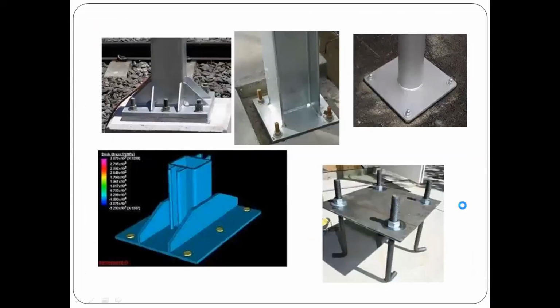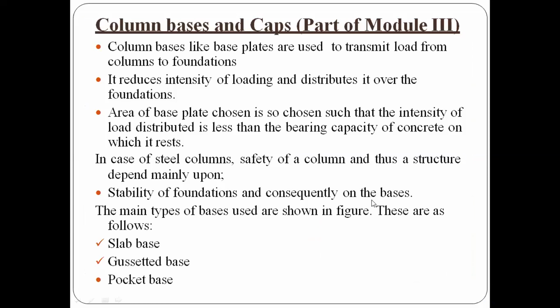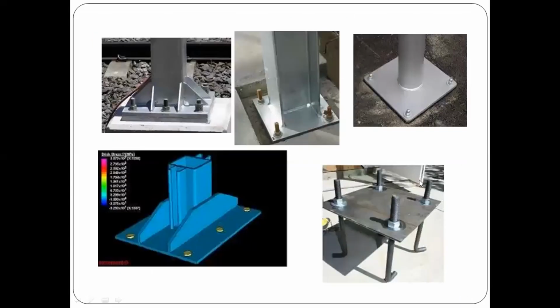Apart from designing the columns, the load is carried from columns to the base plates with the help of column bases, which are classified into two categories. One is the slab base, the other is the gusset base. Let me show you how the slab base and gusset base look. You can see this is an electrical post, a hollow circular post, connected to the slab base with the help of 4 anchorage bolts, which will be inserted into the column.